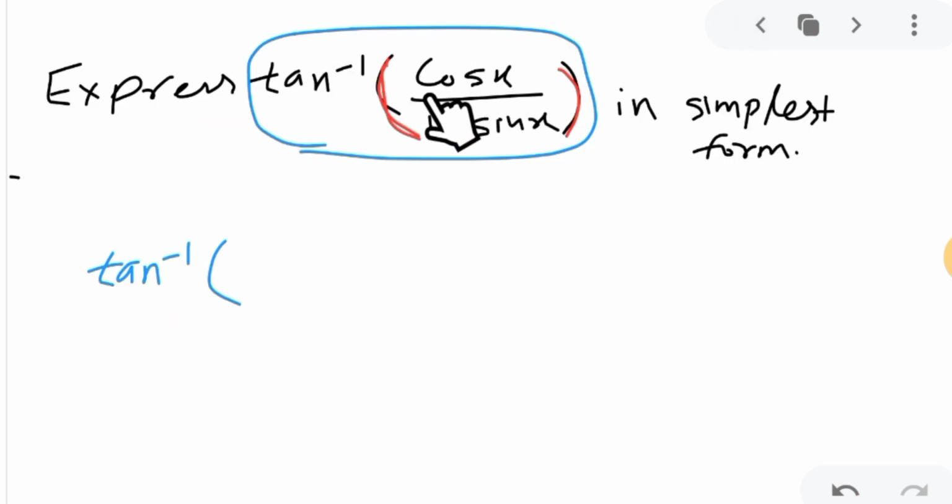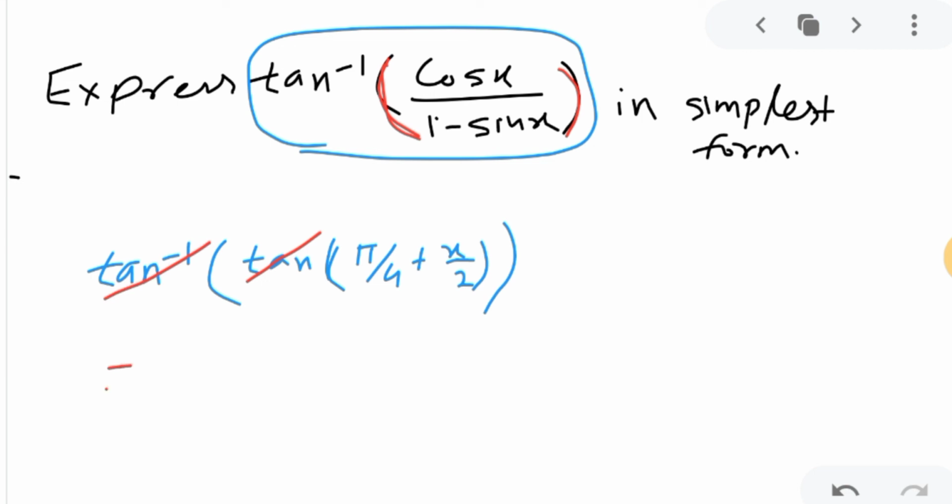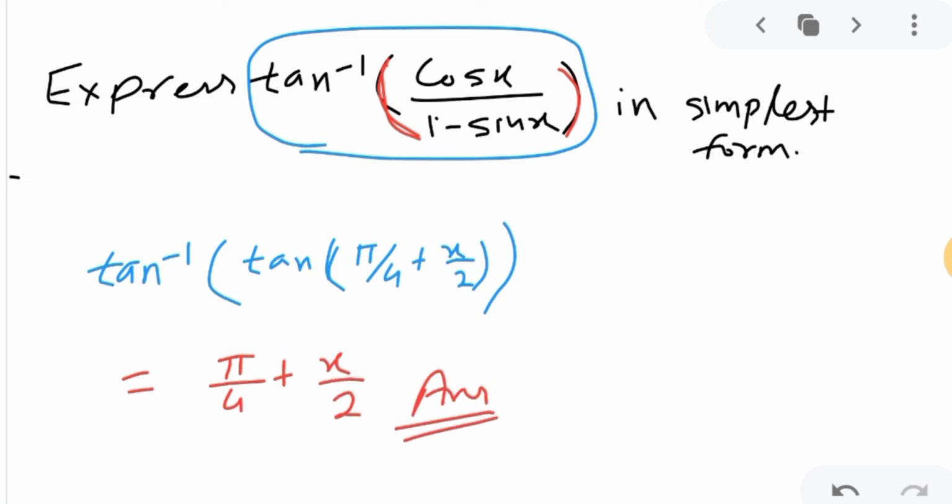So in place of this term I will write tan pi upon 4 plus x upon 2, correct? And using the same concept, this tan inverse will go, so what remains is pi upon 4 plus x upon 2, and this will be our simplified form.